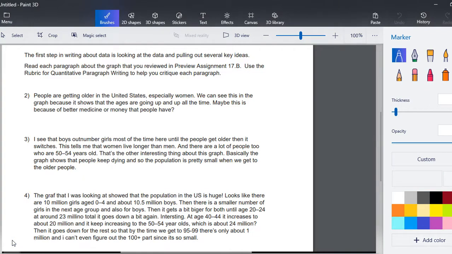So the first step in writing about data is looking at the data and pulling out several key ideas. I call it making it mathematical. We're going to have some steps. Like, number 1, we can pull out key ideas. Read each paragraph about the graph you reviewed in Preview 17B and use the rubric to help you critique each of the paragraphs.